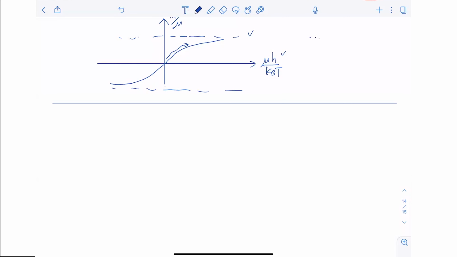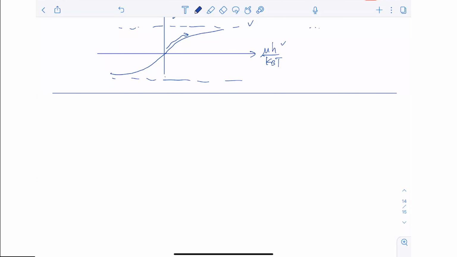But usually for a general system, this is not provided. We showed two very simple examples. One is the ideal gas model, and the other is this Ising paramagnet, where we are able to calculate those things explicitly. But in general, it will be a very difficult problem if you only work within the microcanonical ensemble.